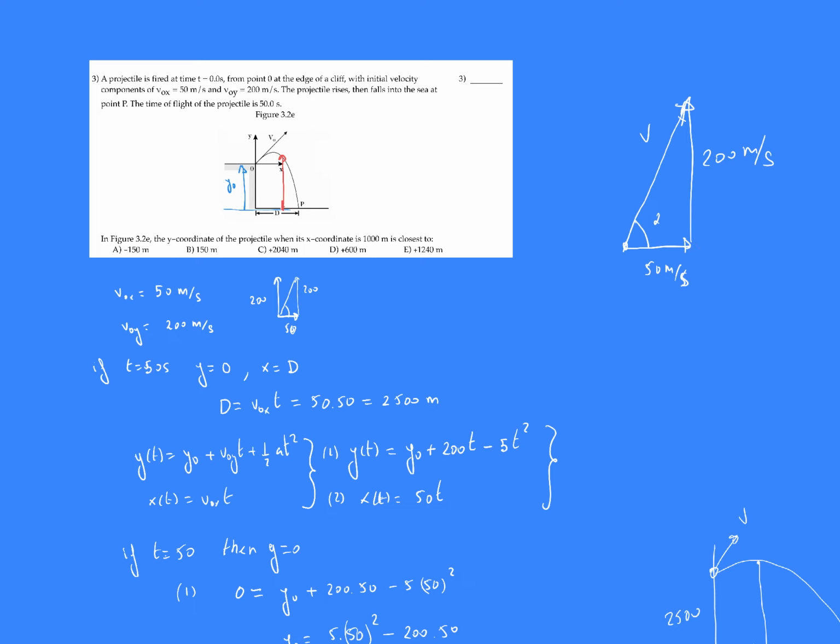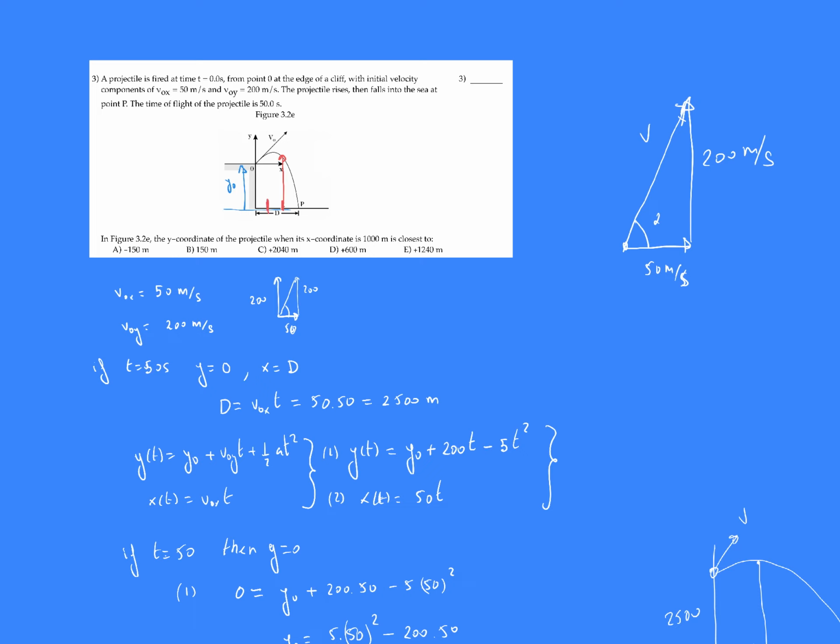So he moves in the x direction all the time during 50 seconds, which is 2,500 meters. So d is 2,500 meters, and x equal to 1,000 meters is here.